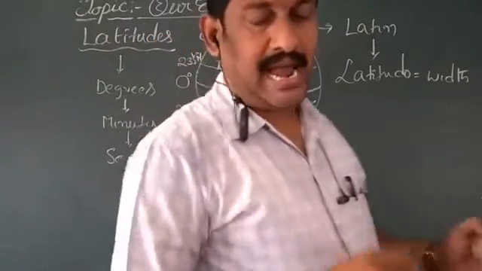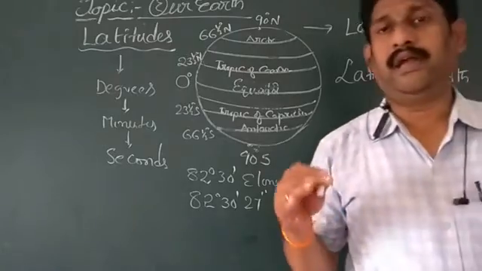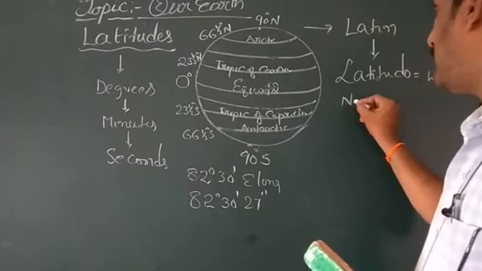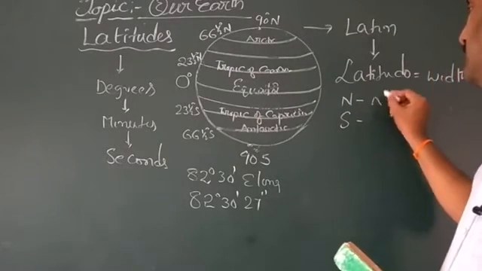Every latitude must also be indicated with a direction. For example, N means north latitude and S indicates south latitude.